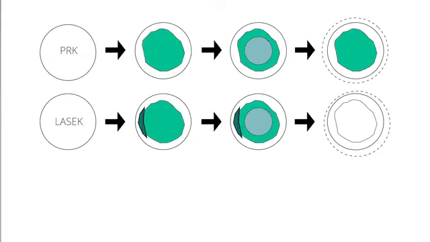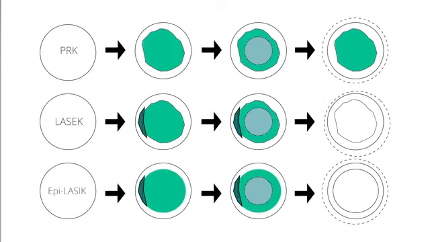It's rolled to a side, and once the ablation is done, is repositioned back in place to act as a biological bandage contact lens. The third variant, or epi-LASIK, is also very similar, but the epithelial flap is created using a microkeratome called an epikeratome or an epimicrokeratome.